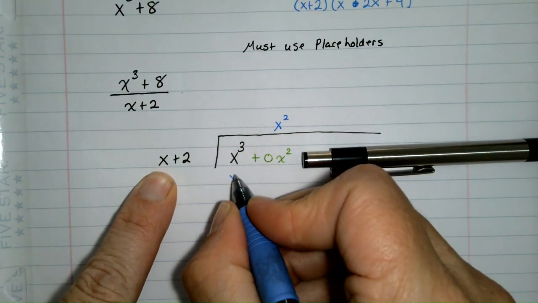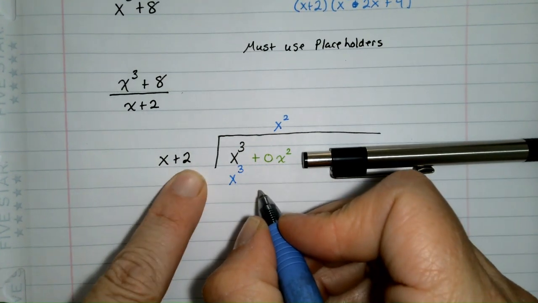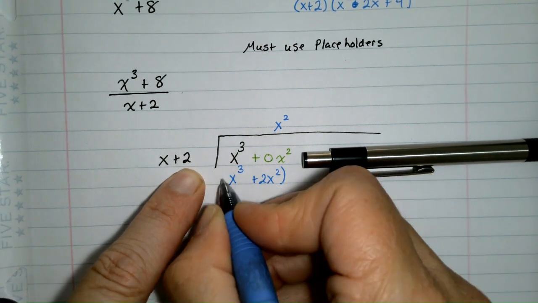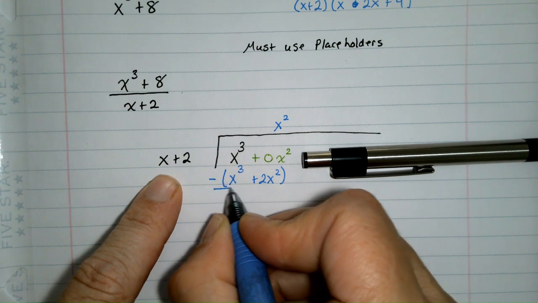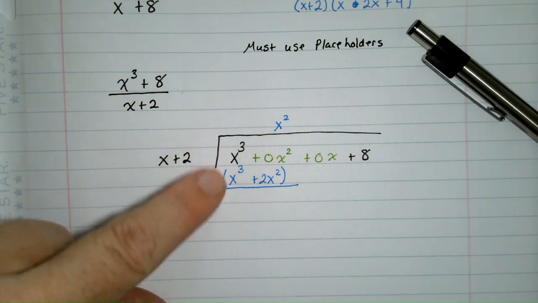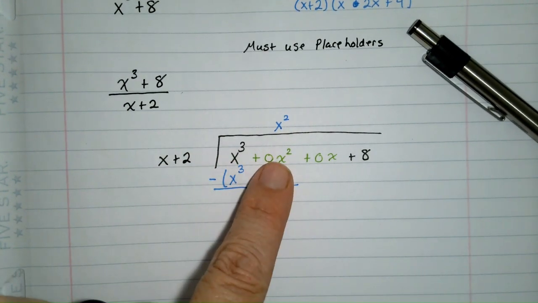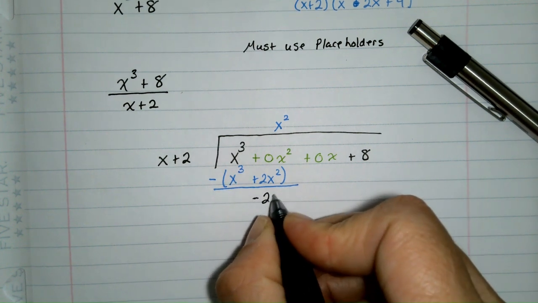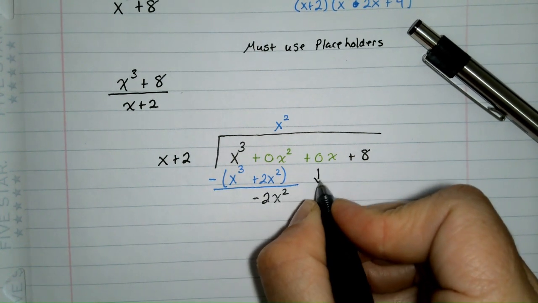So x squared times x is x cubed. X squared times 2 is 2x squared. And I'm going to subtract. One minus 1 cancels out. 0 minus positive 2 is negative 2. I'll bring the next part down.